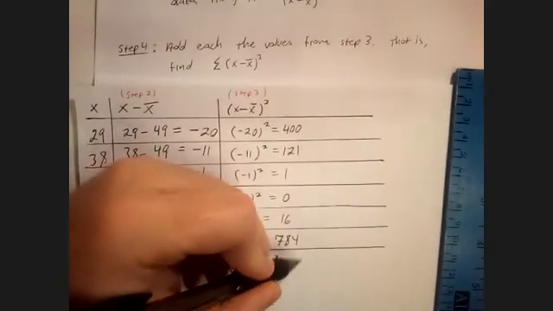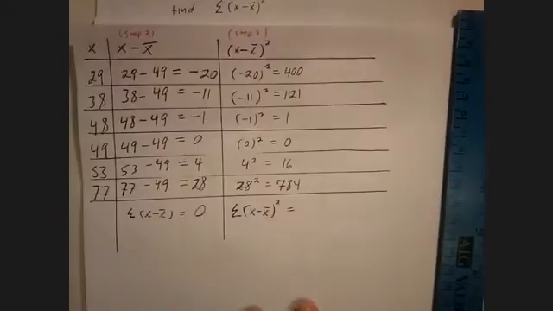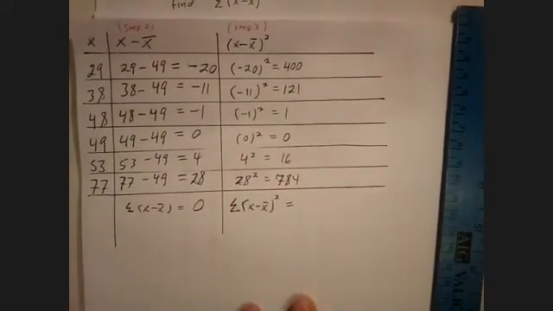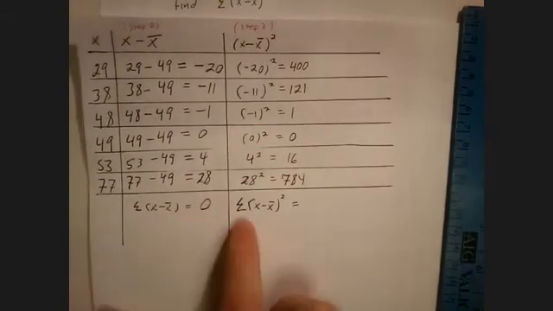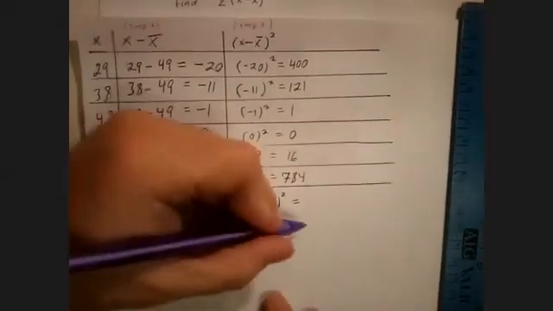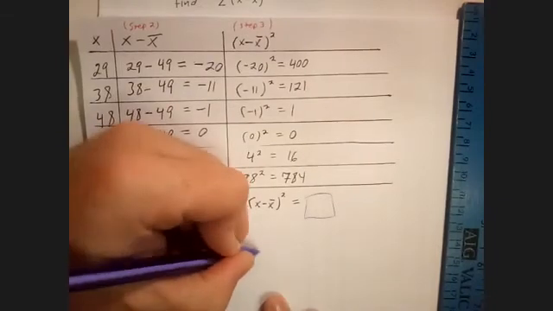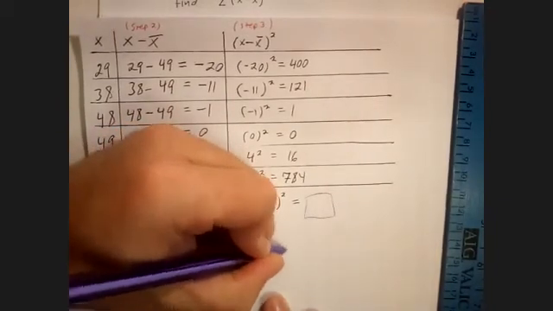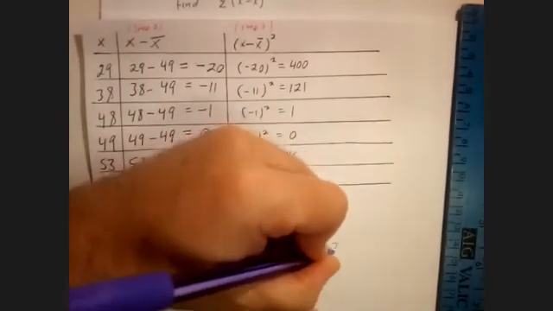I'm going to put the answer here, but I'm going to show you what I'm typing in. This notation looks confusing, but that's all it means. So in this box, I'm going to do 400 plus 121 plus 1 plus 0 plus 16 plus 784.